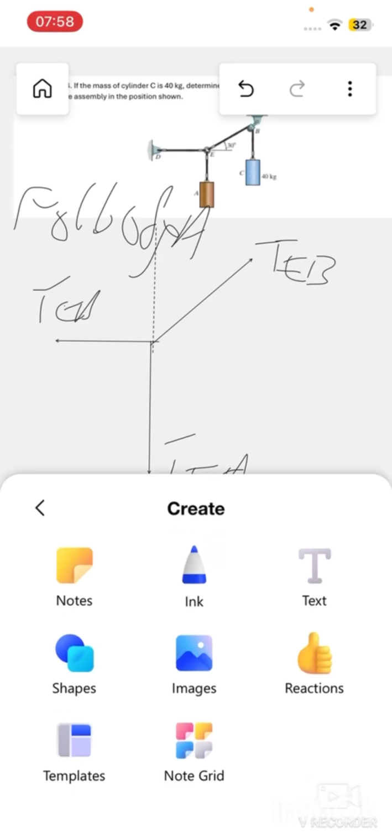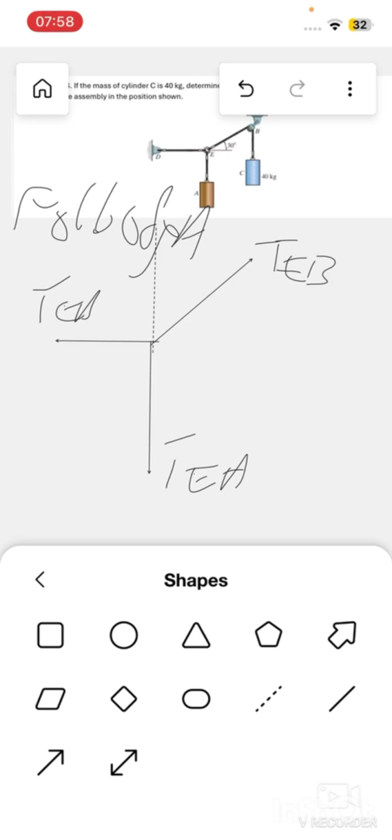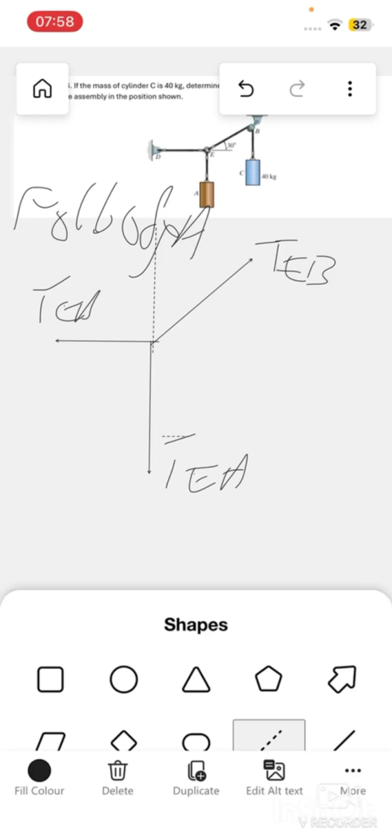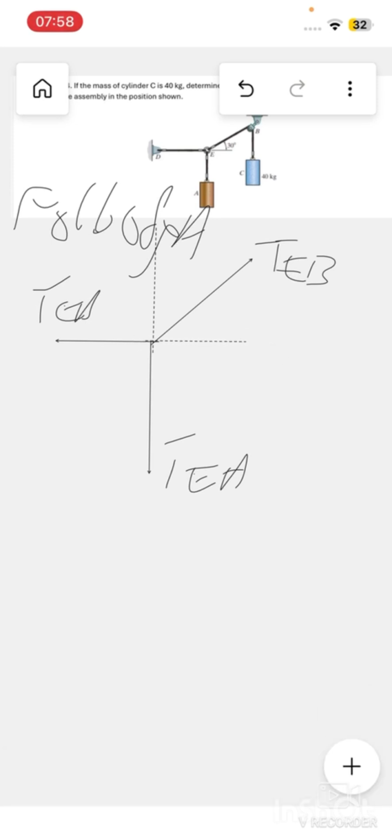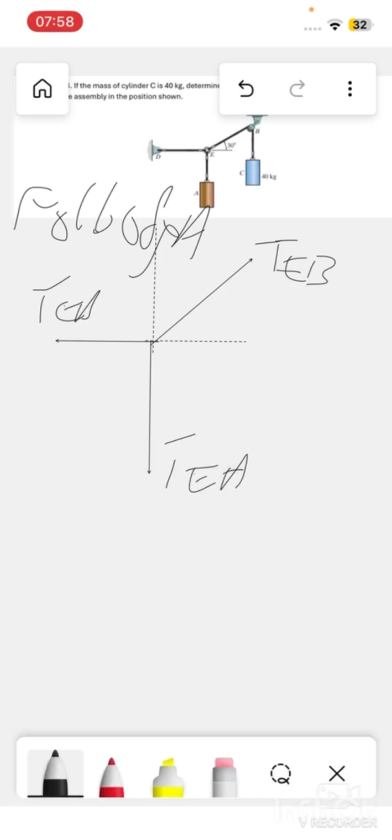Therefore, here we have a vertical component, and we need to show a horizontal component also, which is going to be like this. Here, this vertical component, we should name it. We will name it what?